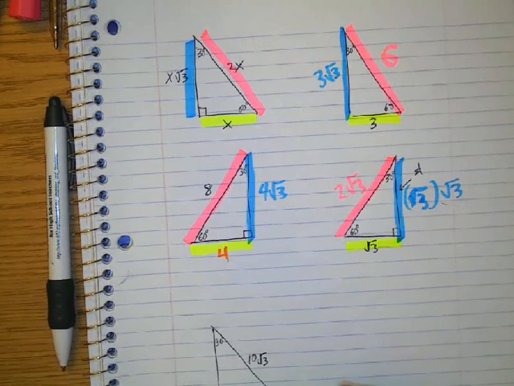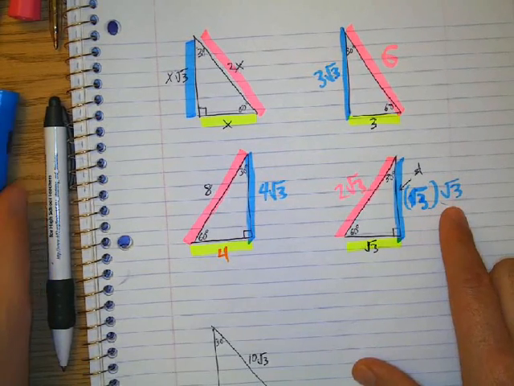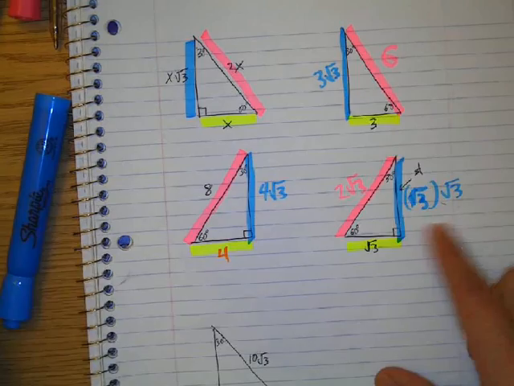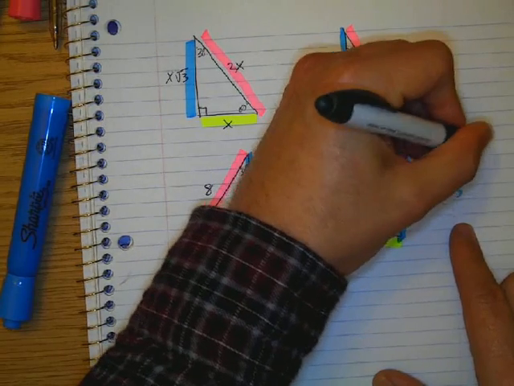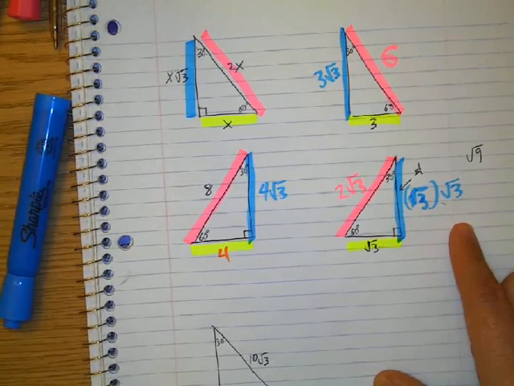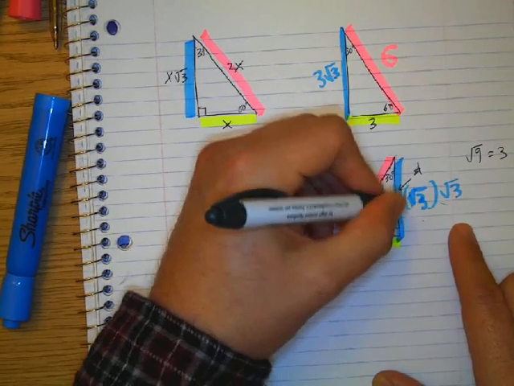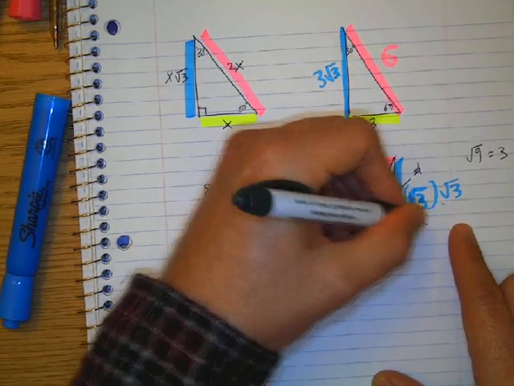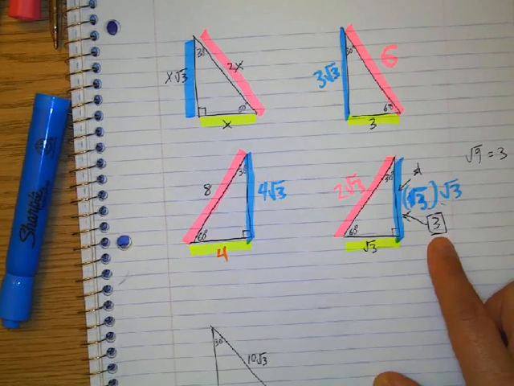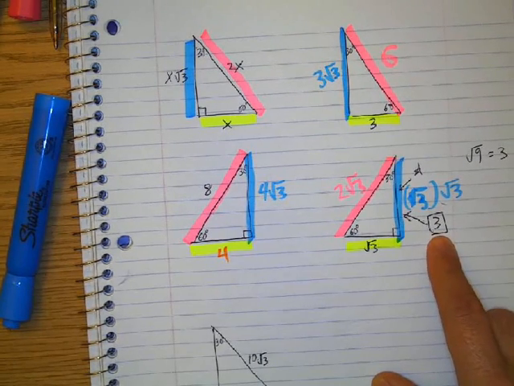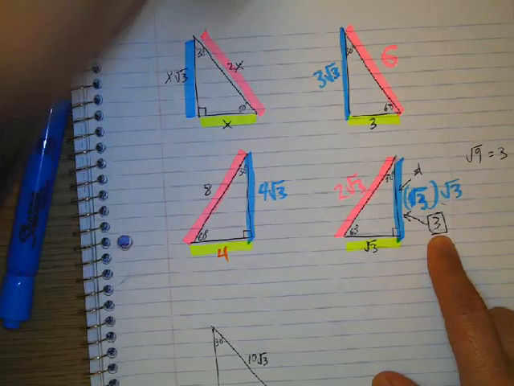Well, square root 3 times square root 3 is square root of 9, which is 3. So the length of this side here is 3. You may want to hit pause and rewind and watch this one again.